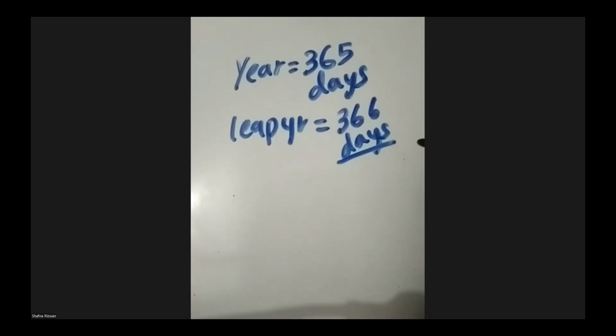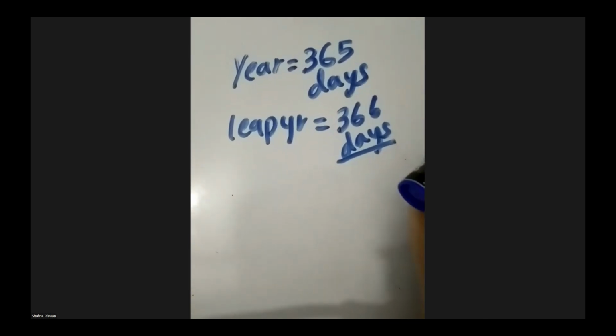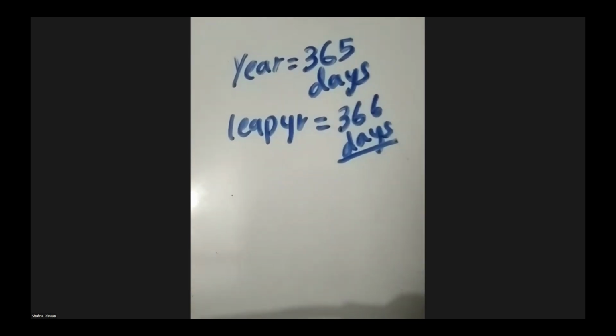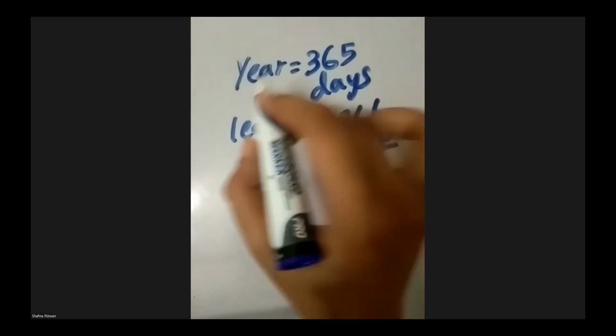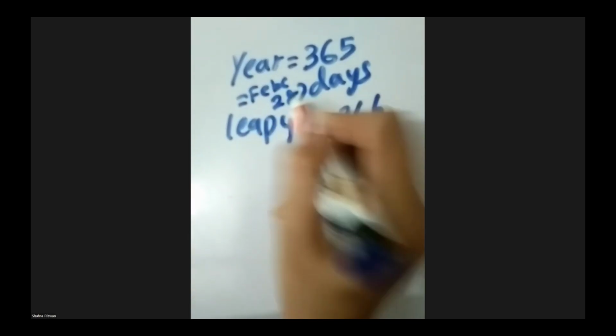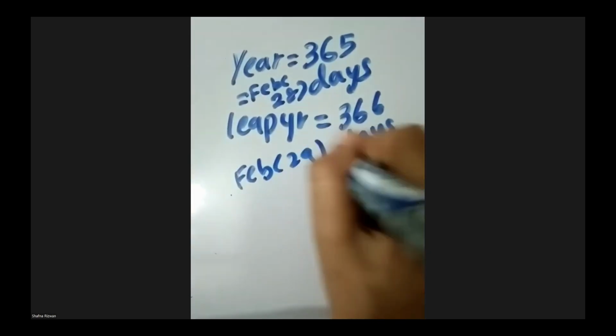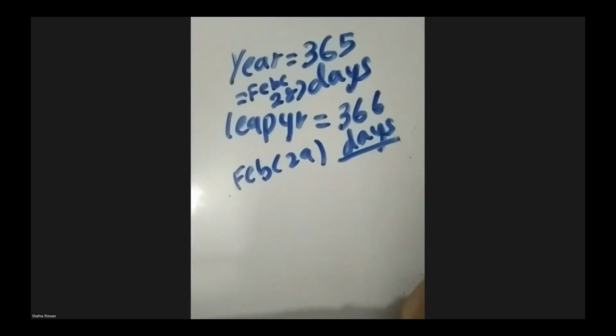Normally, in a normal year, February will have 28 days. But in a leap year, February will have 29 days. Like that, it will change.